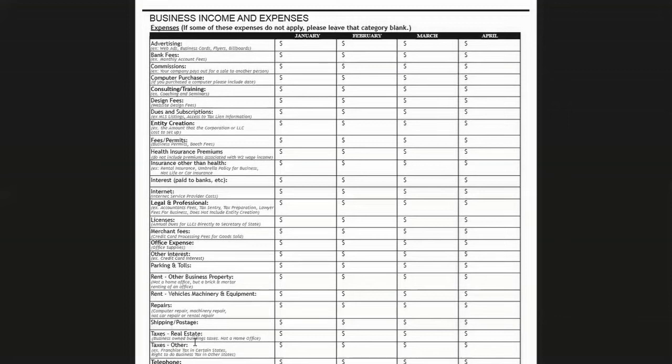But if you have something like a brick and mortar, make sure you write those down and you put them in your tax deductions. Now, any rent for vehicles and equipment, you need to write those down. Any kind of repairs, like computer repairs, machinery repair, that doesn't include a car or a rental repair, you need to write those down.